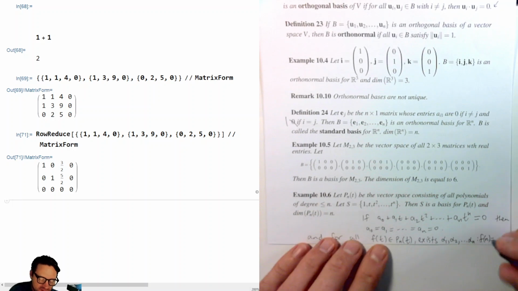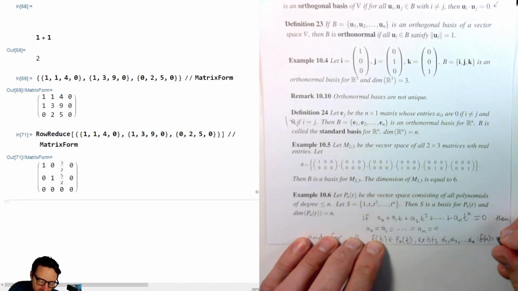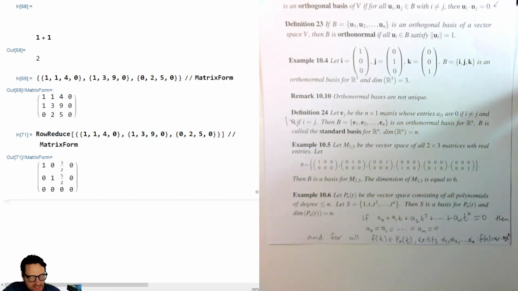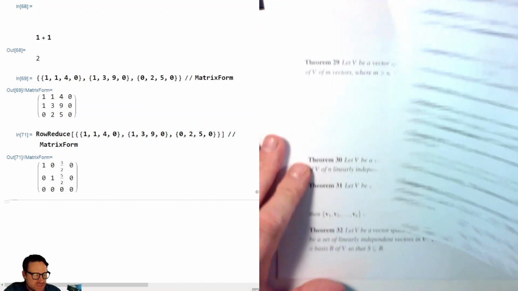I'm out of paper here, so I'll just put alpha 0 plus ... plus alpha n t to the power of n. Hopefully you have a little bit more space to write that out in full. All right, let's move on to the next page.